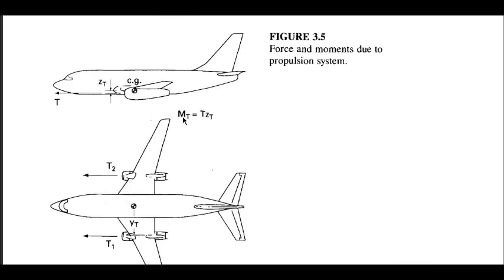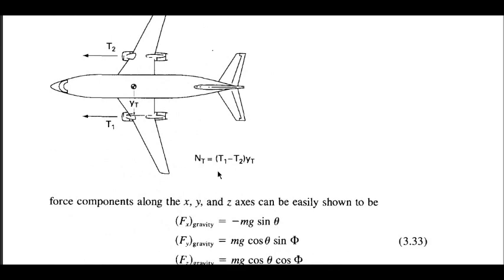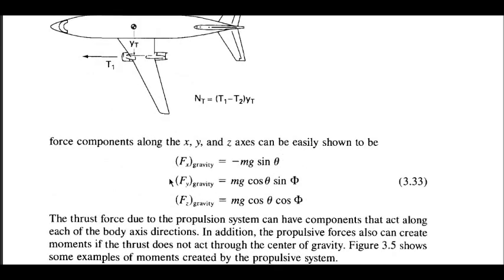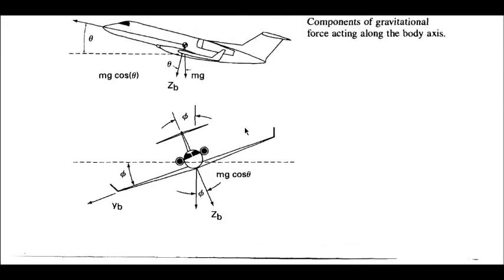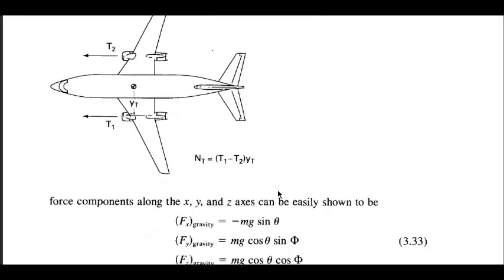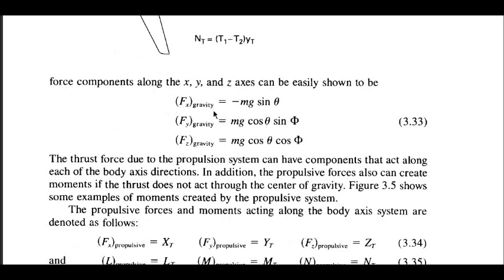So how do we read this? This is the pitch moment due to thrust, and this is your moment due to thrust, and the force components. From this figure 3.4, we can derive these equations. The force in x due to gravity is minus mg sin theta, in the y direction due to gravity is mg cos theta sine phi, and Fz due to gravity is mg cos theta cosine phi.